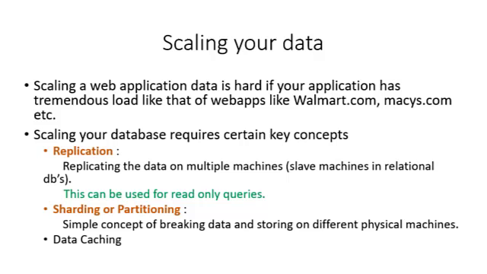Last technique, data caching. This is an excellent technique for performance handling, and it helps in the performance enhancement of your database. Basically, you use an external cache, and for data that is not changing, you just push the data into an external cache, and when a request comes for data, you first look in the cache. If the data is there in the cache, you serve it from there.